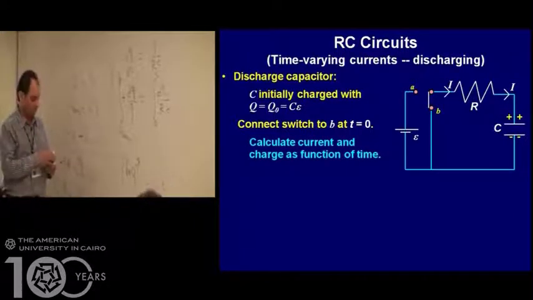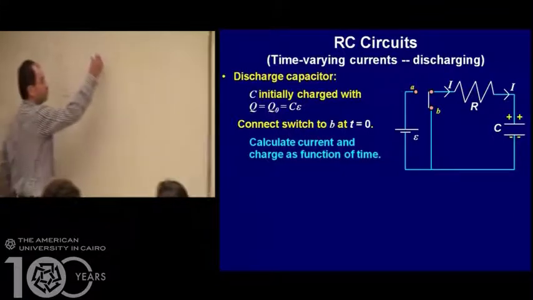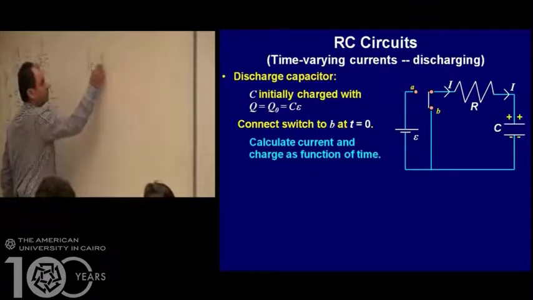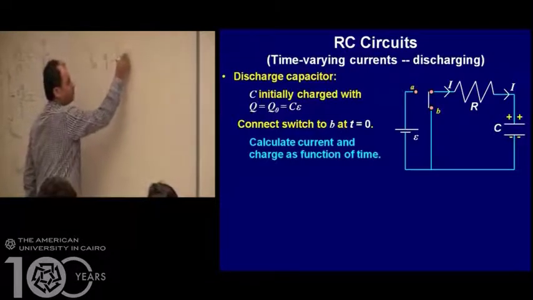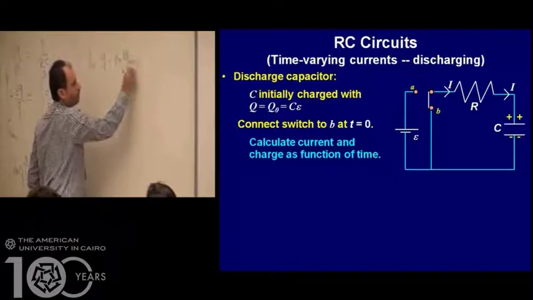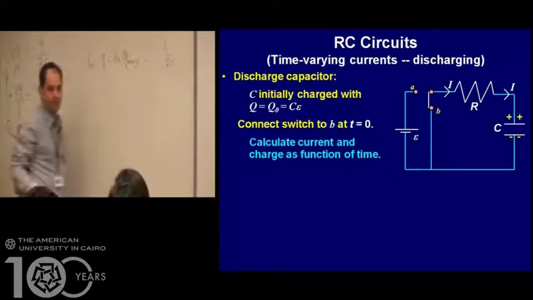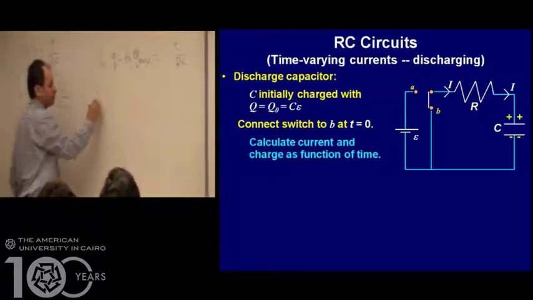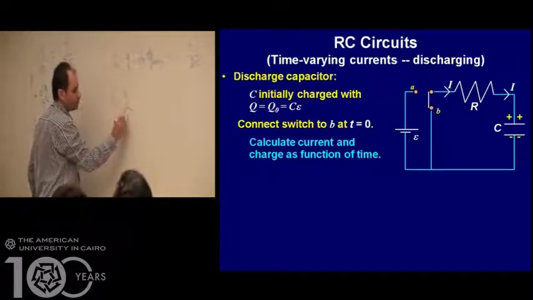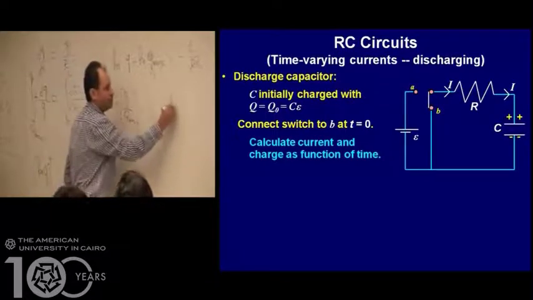Then, what to do? So it's ln of Q over Q max equal to minus T over RC.